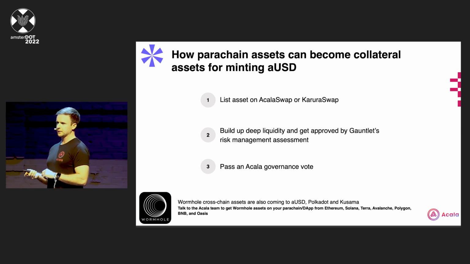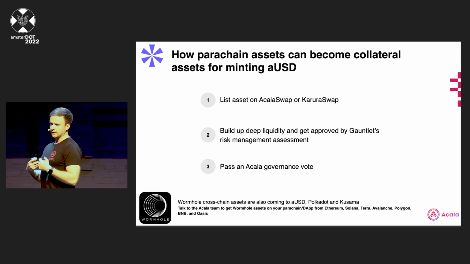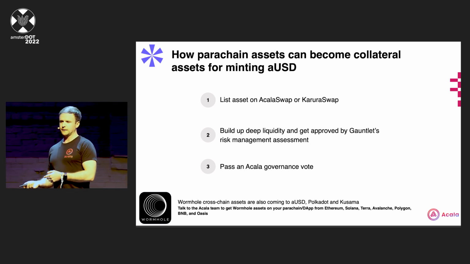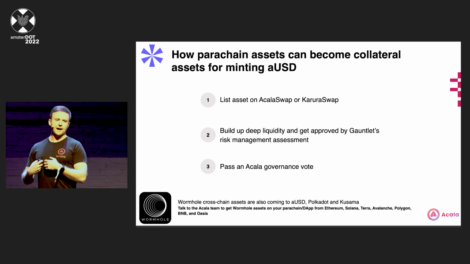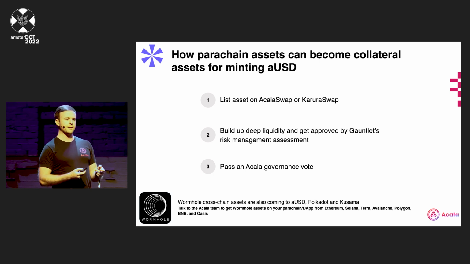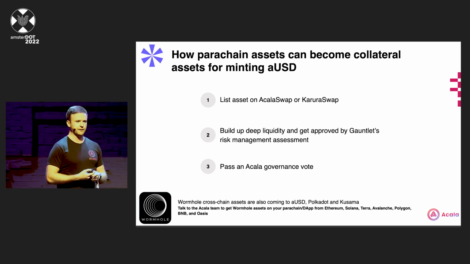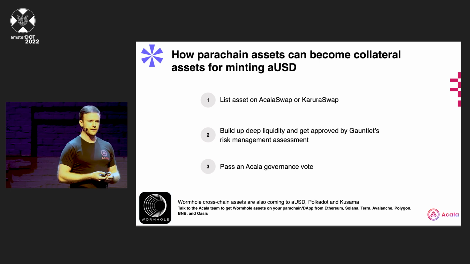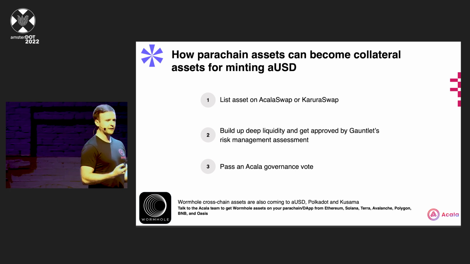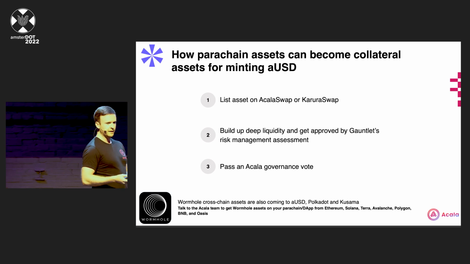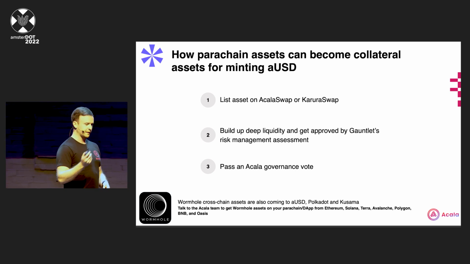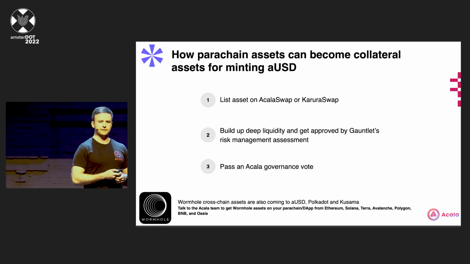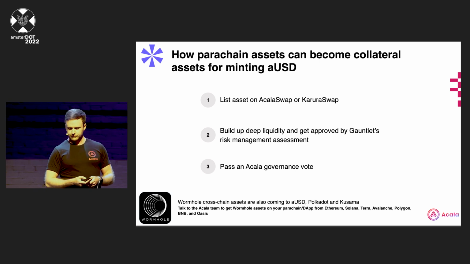Another thing for people in the room: Wormhole is not only bringing assets to Acala and Karura, it is bringing assets to Polkadot and Kusama. So any parachain team or dApp team here who wants access to things like DAI from Ethereum or ETH, come talk to us, because we'll help connect you to the team, and we'll be helping bring or import these assets to your parachains as well.